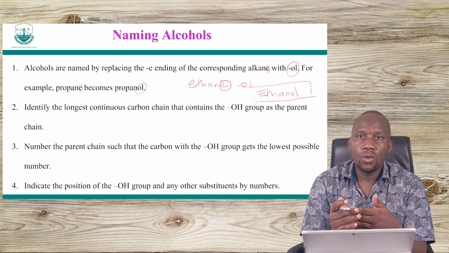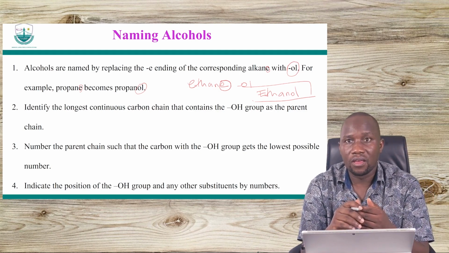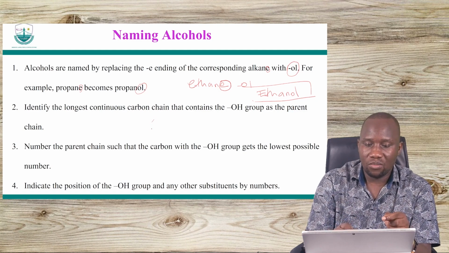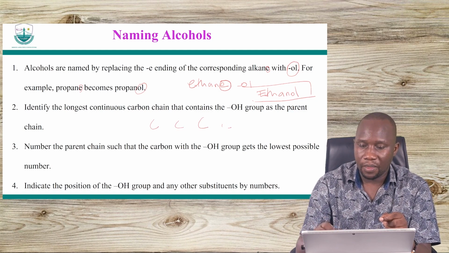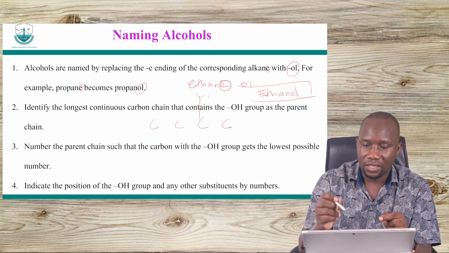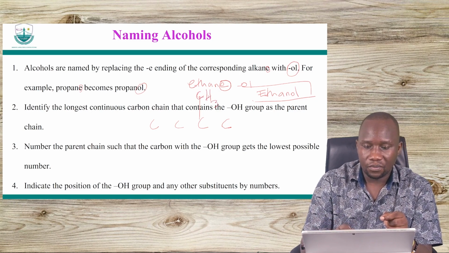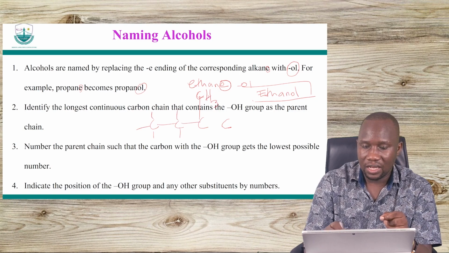Remember, organic compounds exhibit what we call branching. Branching is when you, for example, have carbon, carbon, carbon, carbon, carbon there, and then you have some branching here, and then you have another CH3, for example.